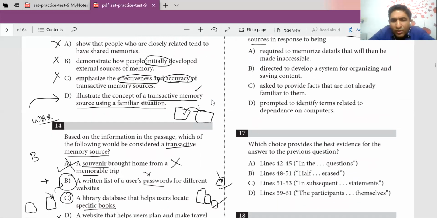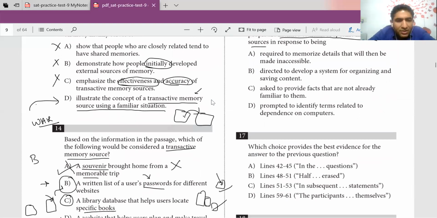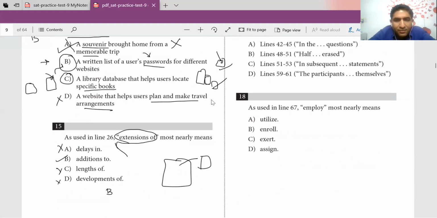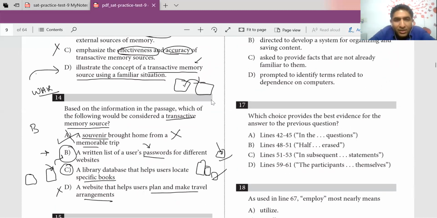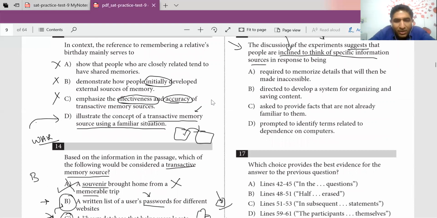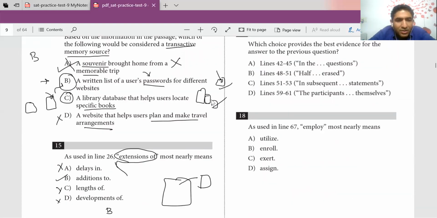Okay, we are supposed to look at the evidence also. So now this is again interesting. Whenever you get this kind of question, there are two things: where is the answer and what is the answer? And where is the answer is given here. Now see, line number 26 is already discussed in question number 15. They did talk about line number 26.